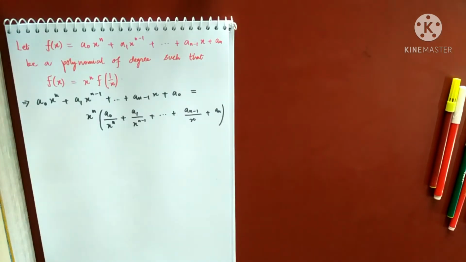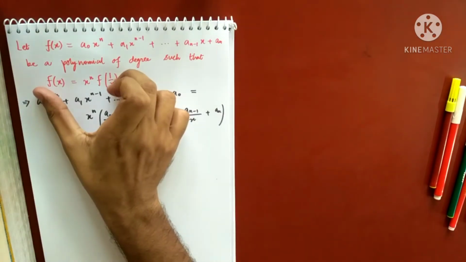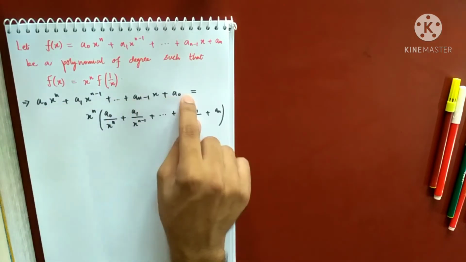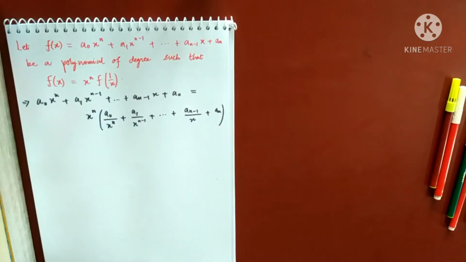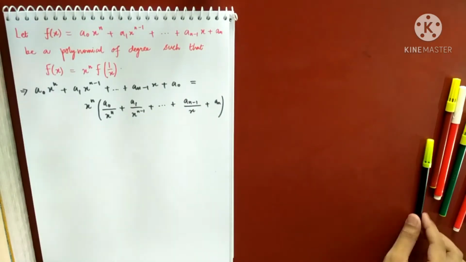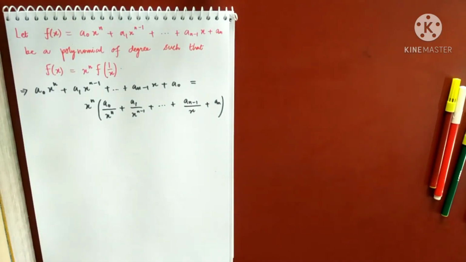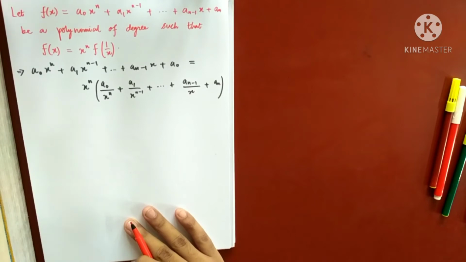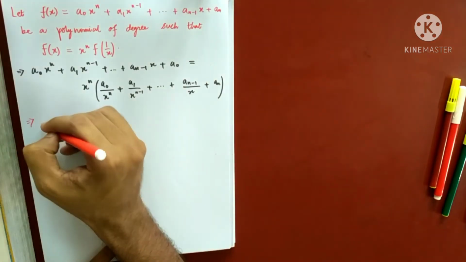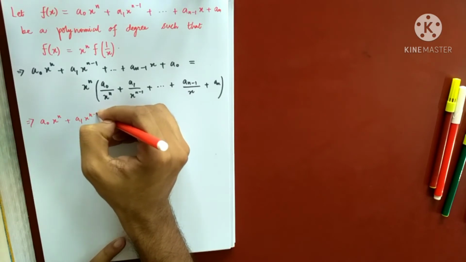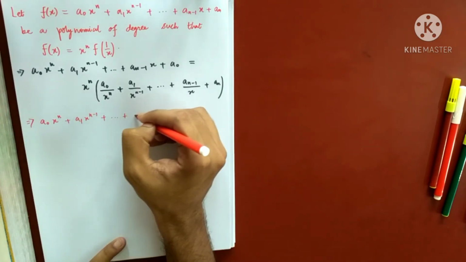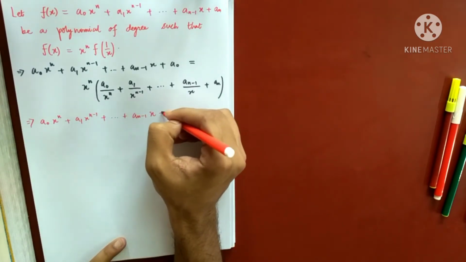So I have not done anything extra. This condition was given. I am putting the value of fx, x to the power n, f of 1 by x, here. So let's see how it can be simplified further. It can easily be simplified. The left hand side remains as it is, a0 x to the power n, a1 x to the power n minus 1, an minus 1 x plus an.